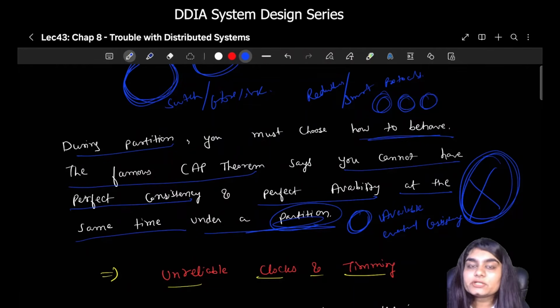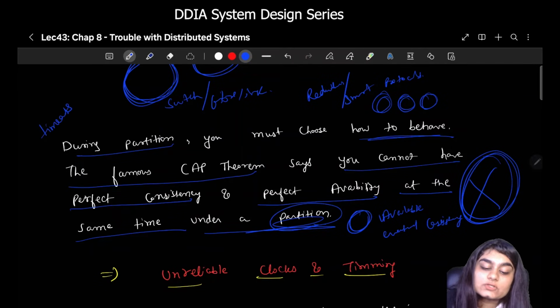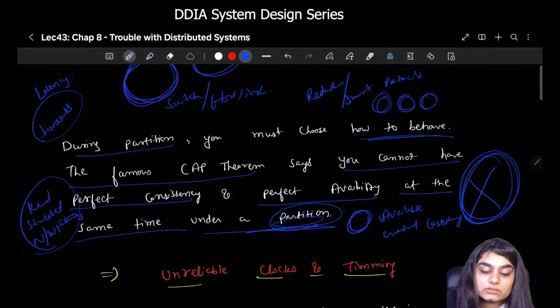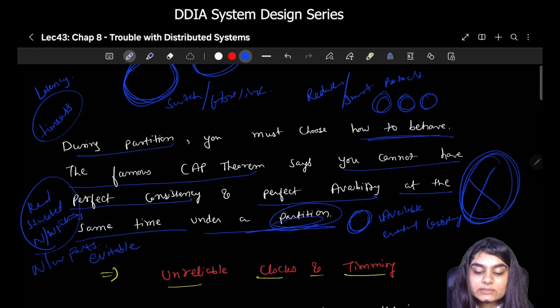They also carefully tune timeouts based on observed latency. Testing under real or simulated network failures is essential because network faults are inevitable in large scale systems.